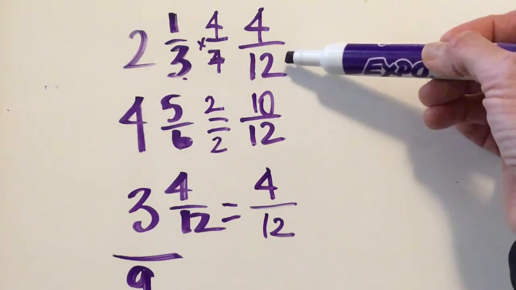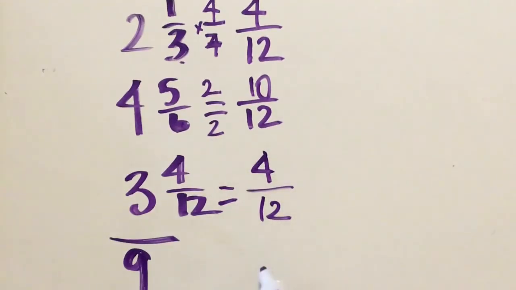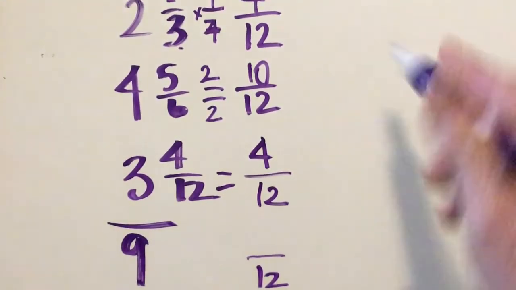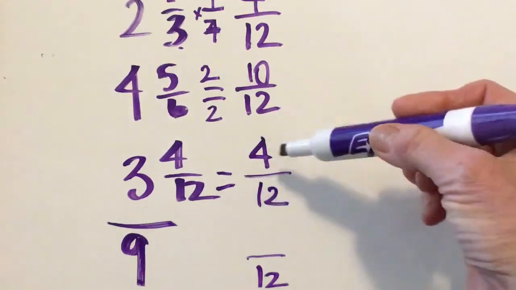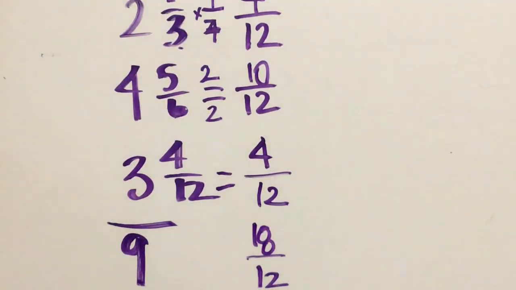So remember, I'm going to keep my denominator because you never add the denominator. Oops, you can't really see that. So 12 right there. So 4 plus 10 plus 4 is 18. So when I add those three fractions together, I get 18/12.